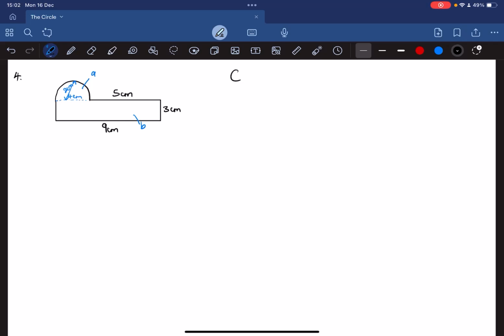Starting with the circumference of the semicircle, it's going to be half pi d. So I get half multiplied by pi multiplied by d, which is 4, and the answer that we get is 2 pi. And then the perimeter of the rectangle below is going to be 5 plus 3 plus 9 plus 3.